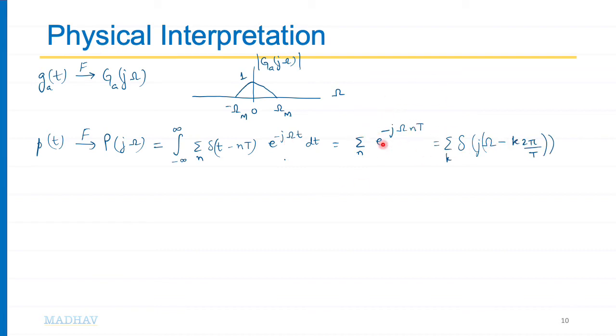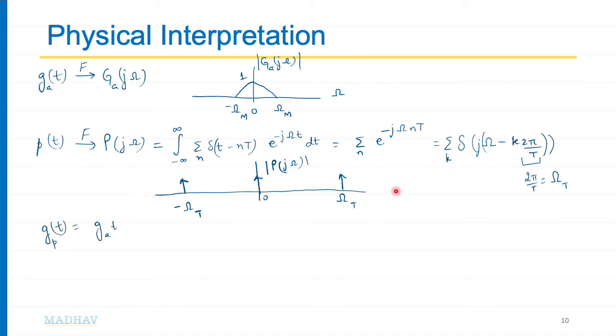So basically, whenever omega is 2 pi upon capital T or a multiple of that, the whole thing becomes a summation of 1, 1, 1, so it's a large term. Otherwise, it cancels out. So this term, 2 pi upon capital T, is omega t. So this is the Fourier transform P j omega. Basically this whole exercise was to compute this P j omega, and this is how it looks.